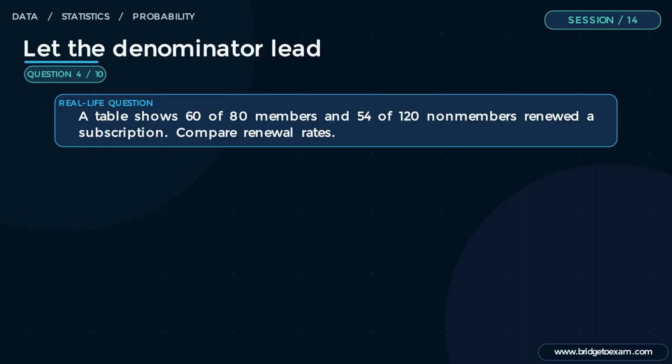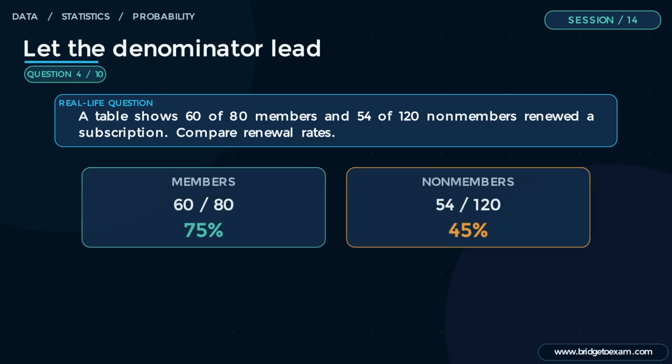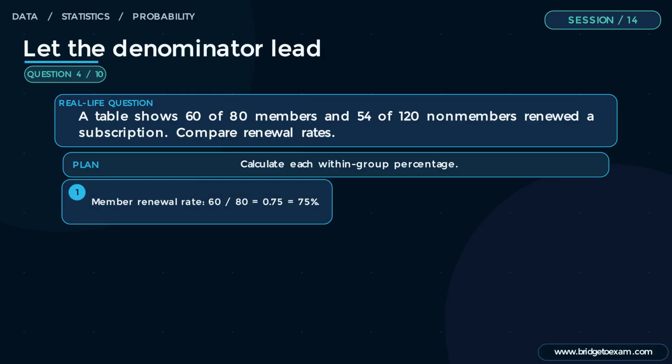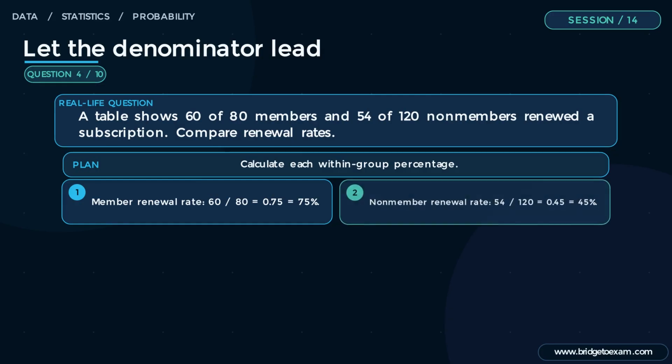Example 4. A table shows 60 of 80 members and 54 of 120 non-members renewed a subscription. Compare renewal rates. The comparison places both cases on the same scale. Plan. Calculate each within group percentage. Step 1. Member renewal rate. 60 divided by 80 equals 0.75 equals 75%. Step 2.